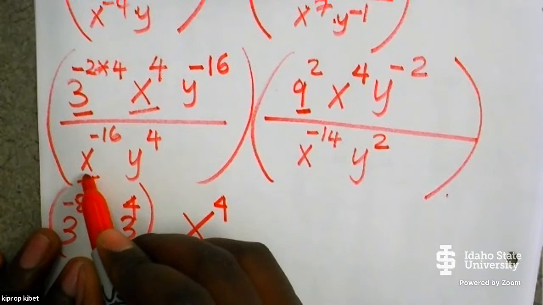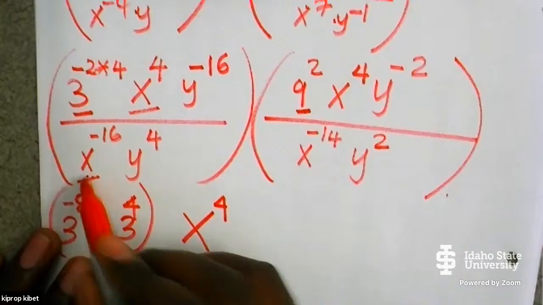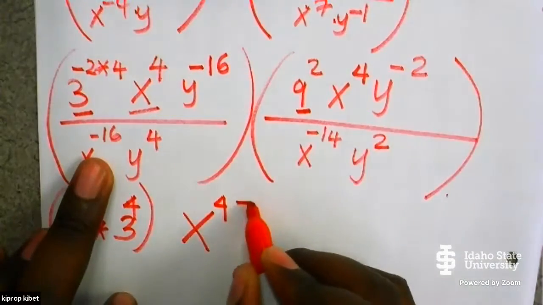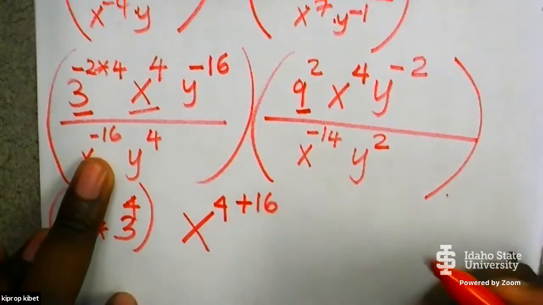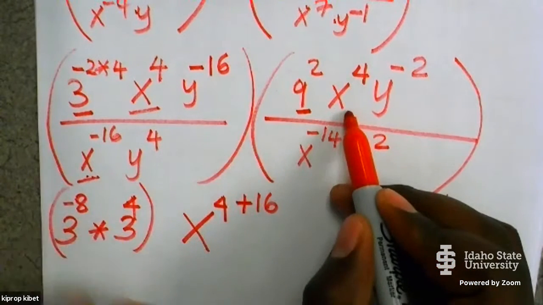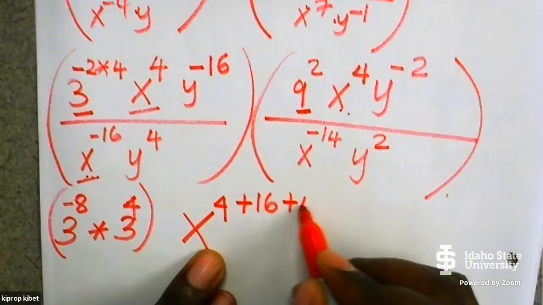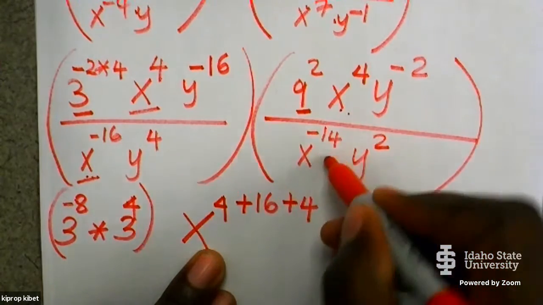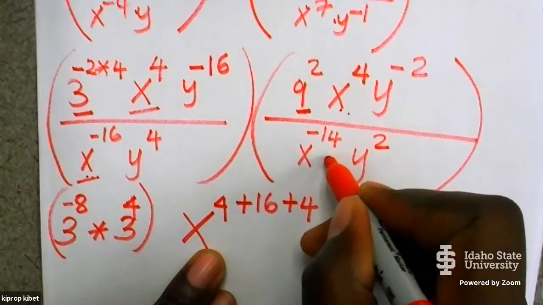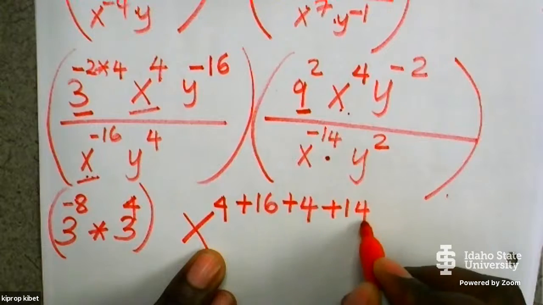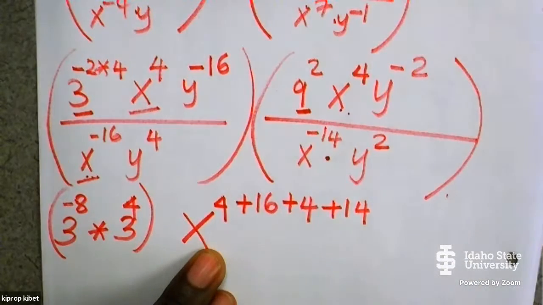So this x is the denominator. What do you do? Take it up. You take it out. So it becomes 16. Plus 16. You come to the next one. There is x here, which is plus 4. Plus 4. There is x, and that x is in the denominator. Plus 14. Have we exhausted x?